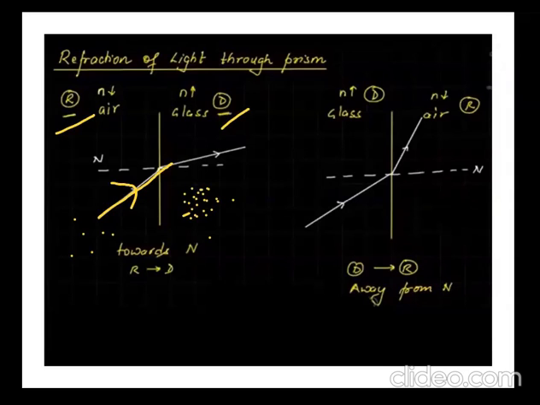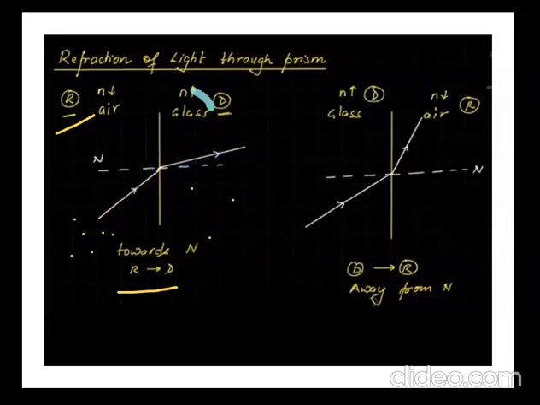As it is going from an optically rarer medium towards an optically denser medium, the ray of light is not going to go straight, it is going to bend towards the normal, right children? It is not going to go straight; refraction will occur because we have two different mediums.